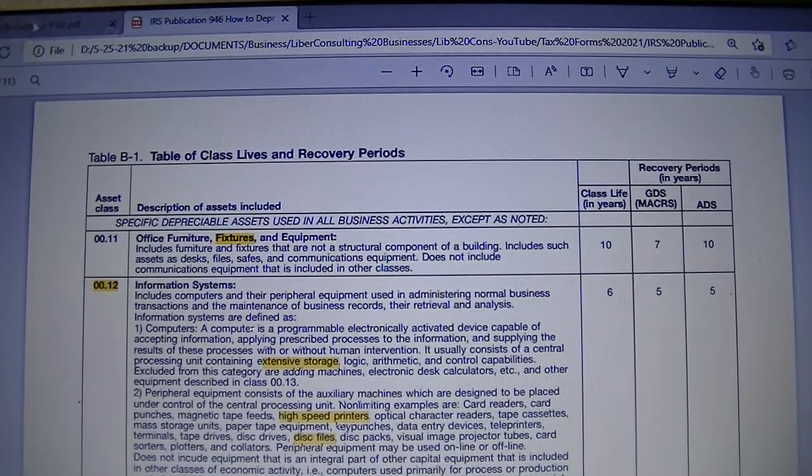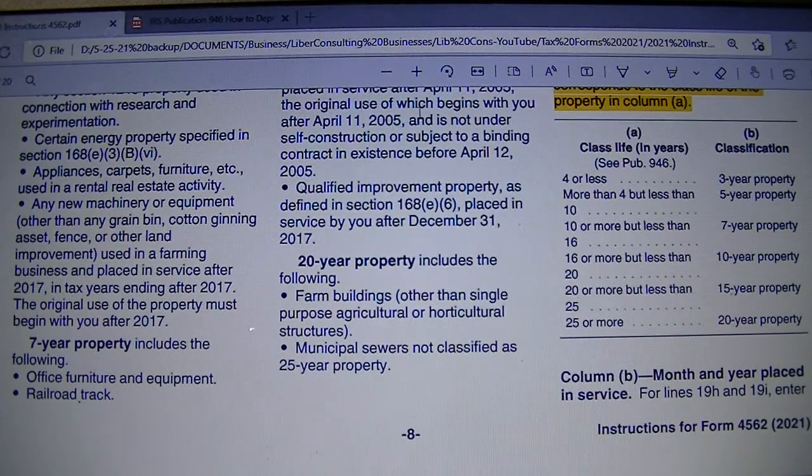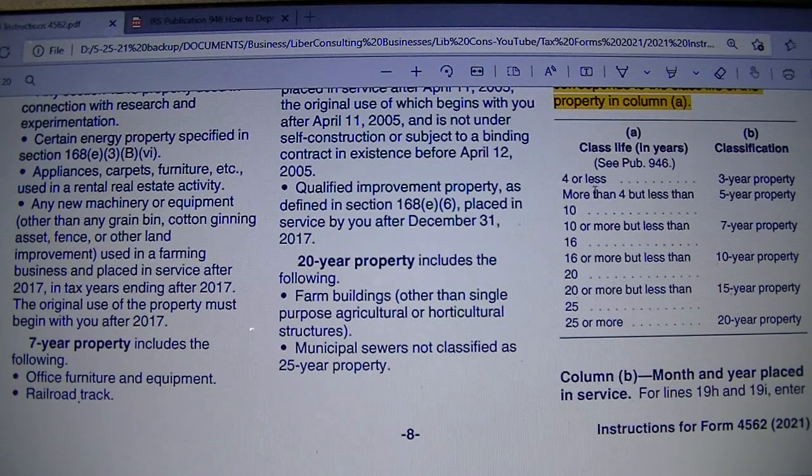Another way you will find it out is to go to the instructions for Form 4562, Depreciation and Amortization. So you locate the class life, which we found was 6 years. So more than 4 but less than 10, the classification is 5-year property.